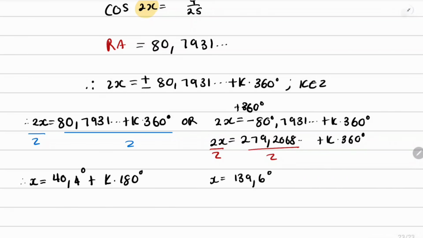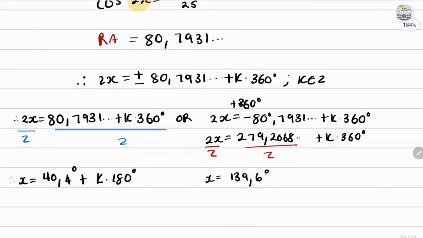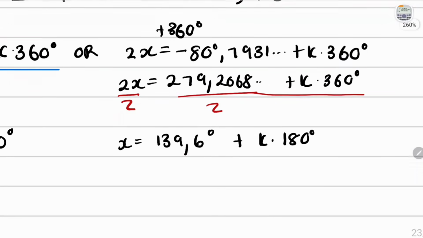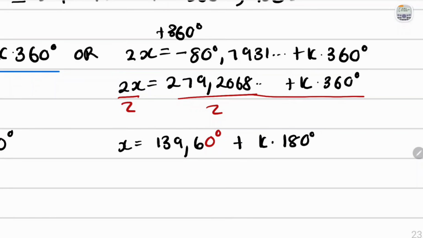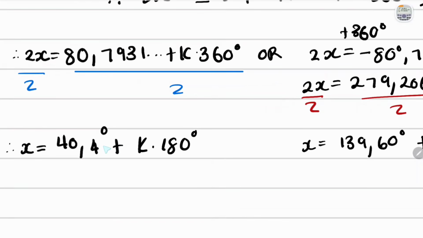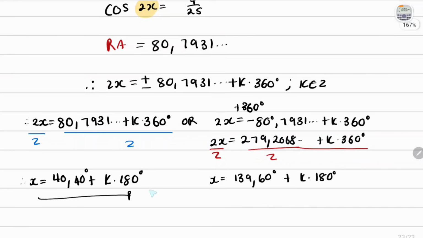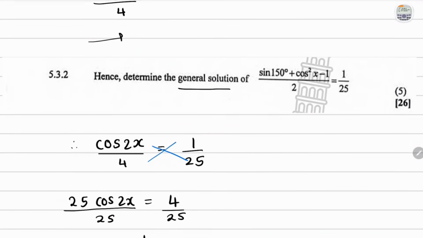We can leave it like that. And then we're going to say plus k of 180 degrees because that also divides by 2 as well. Let me leave it as 60. Okay, so 60 here, just add a 0, and here I'll just leave it as 40 as well. So 40. Okay, so those will be our general solutions, of course, where k is an element of integers, but we already have that. So that is the answer for 5.3.2.